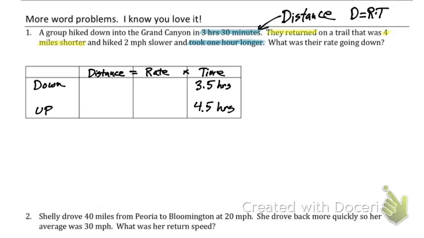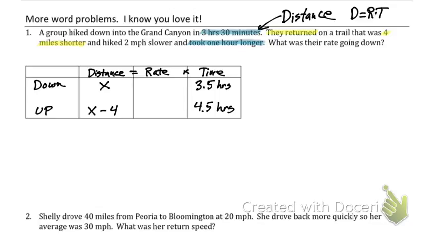So we actually have no idea how long it was going down distance-wise, but we do know going back up was that same distance minus 4. If this was 10, this would be 10 minus 4, it'd be 6 miles going back up. So this matches. They returned on a trail that was 4 miles shorter, which just means it's x minus 4.